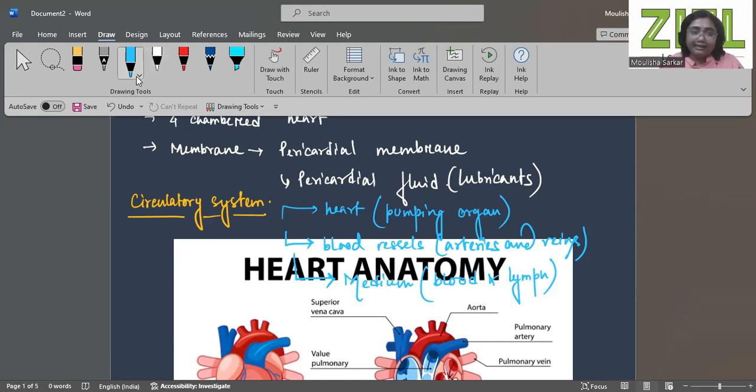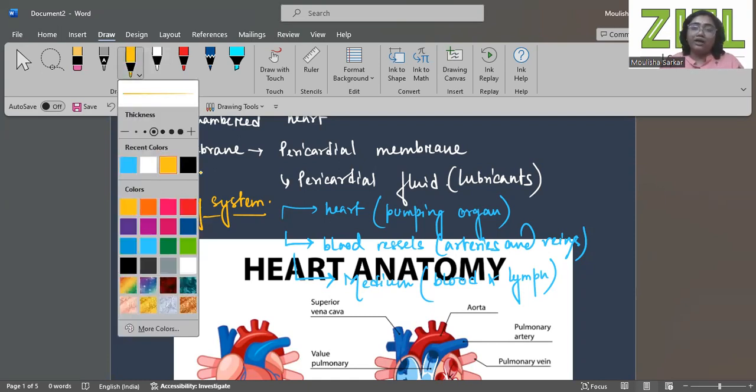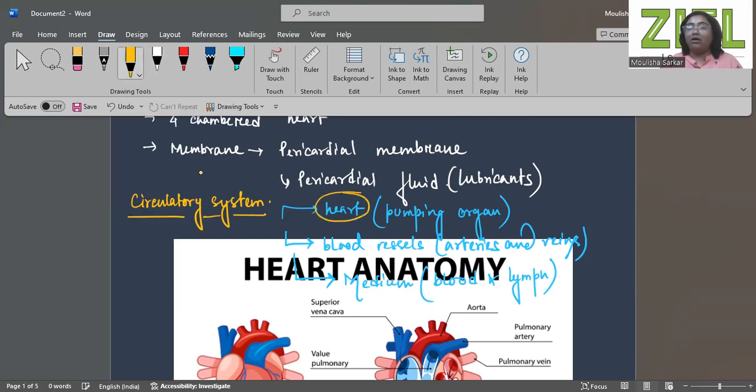But in this session, our focus is on the structure of the heart. We'll be focusing mainly on the structure of the heart and how the blood is passing through the heart. Blood is passing through all the vessels present in our body, all the arteries and veins, lungs and heart, right? This is mainly the pathway of blood.